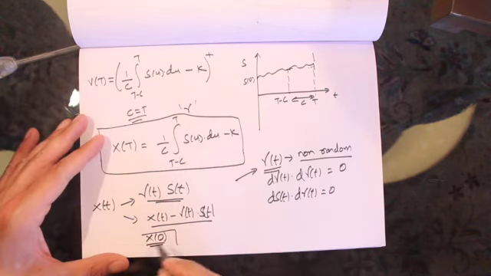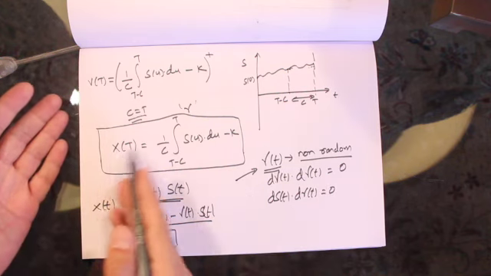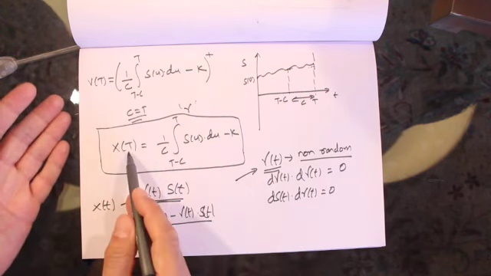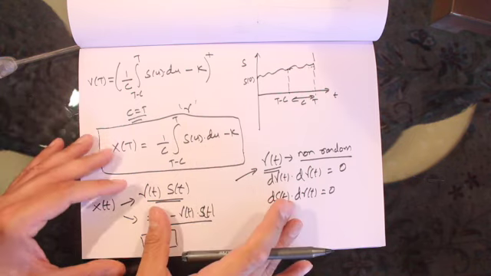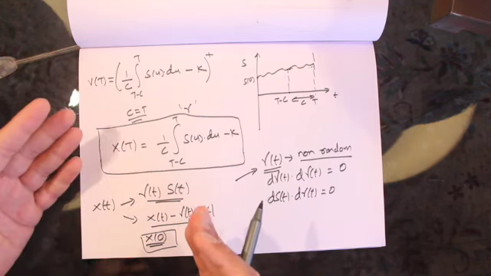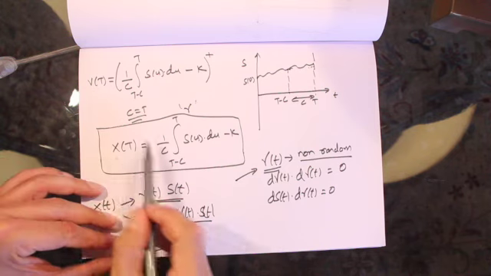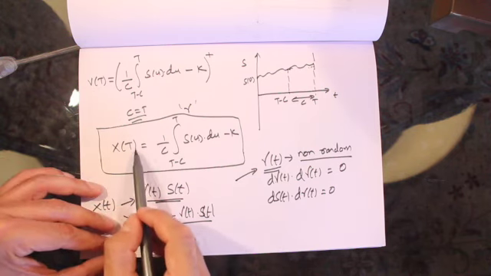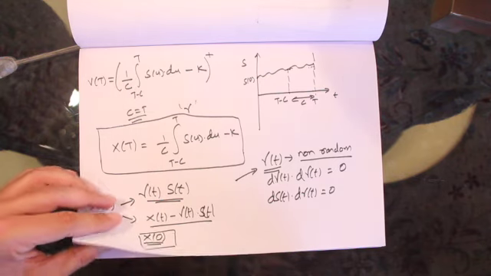We want to find out what is the initial capital and what is the trading strategy such that the value of the portfolio at time capital T would give us this. Okay, so that's what we want to discuss next. We want to basically come up with a strategy and an initial investment that's going to give us the value of the portfolio at time t equal to this. Okay, hopefully that's understood. So let's move on.